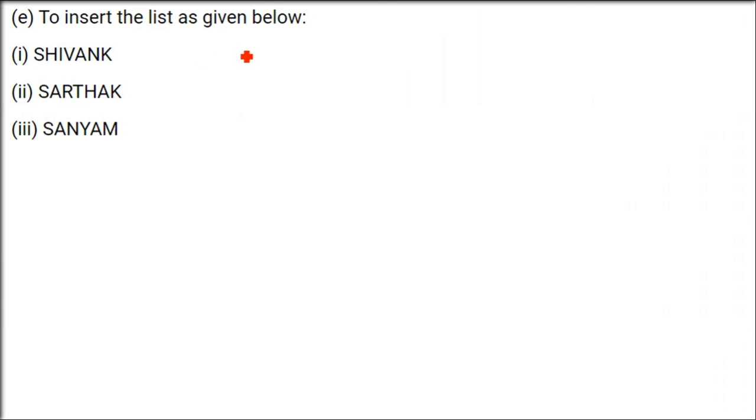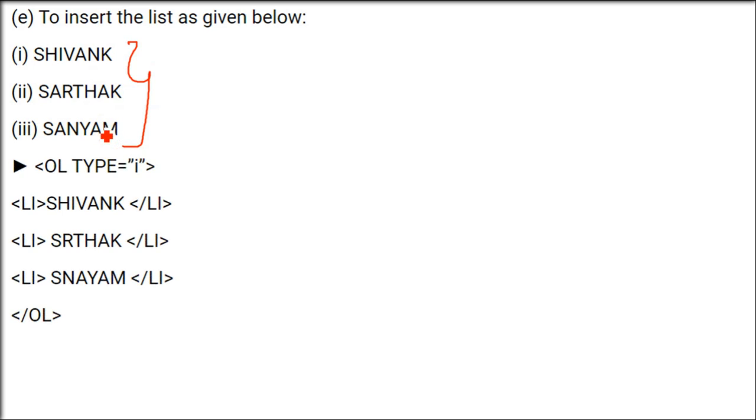To insert the list as given below, we have here 3 names and you need to show them in a list. Since it is not given whether ordered or unordered, but you can see 1, 2, 3, that means it is ordered, it is ranked, it has some order. So for an ordered list, you will start OL. When you have OL, 1, 2, 3 will come by default. But you want this to come in a list with small Roman numerals.